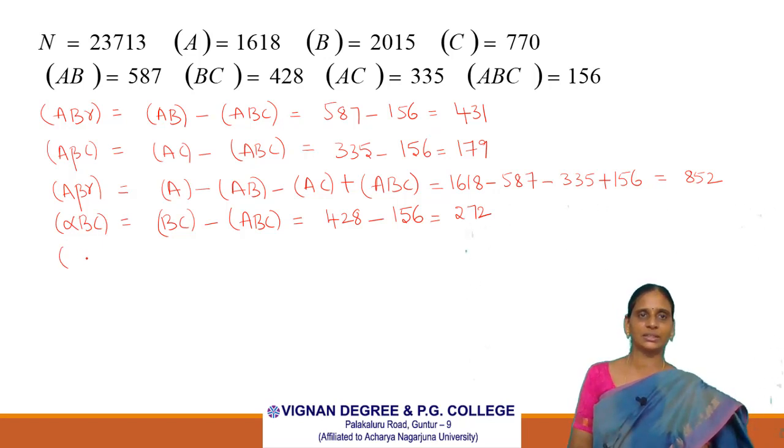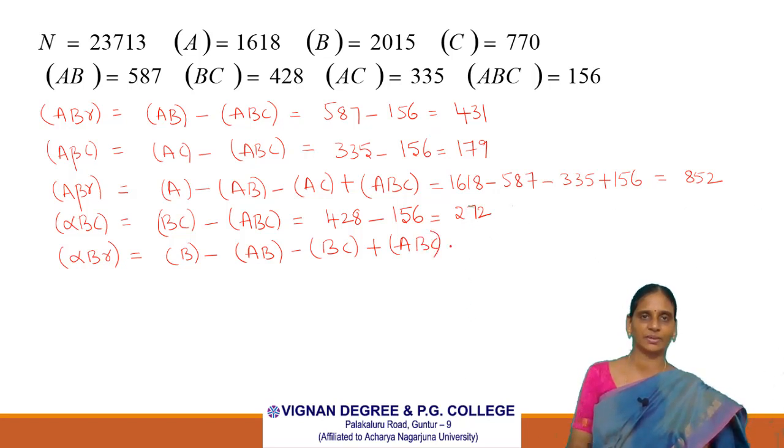And the next third order class frequency is frequency of alpha B gamma. And this is equal to frequency of B minus frequency of AB minus frequency of BC plus frequency of ABC.